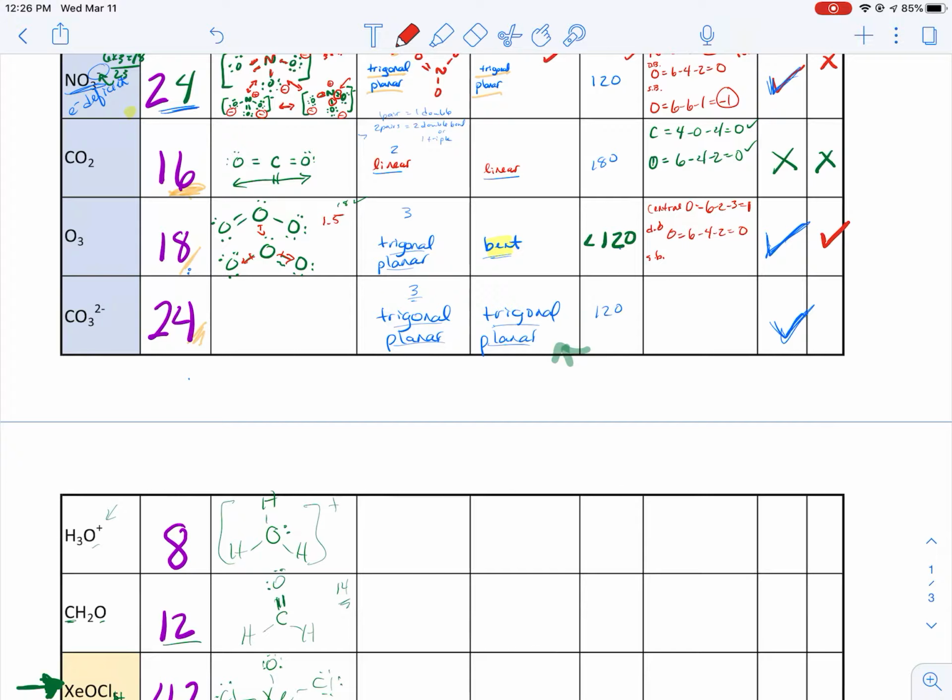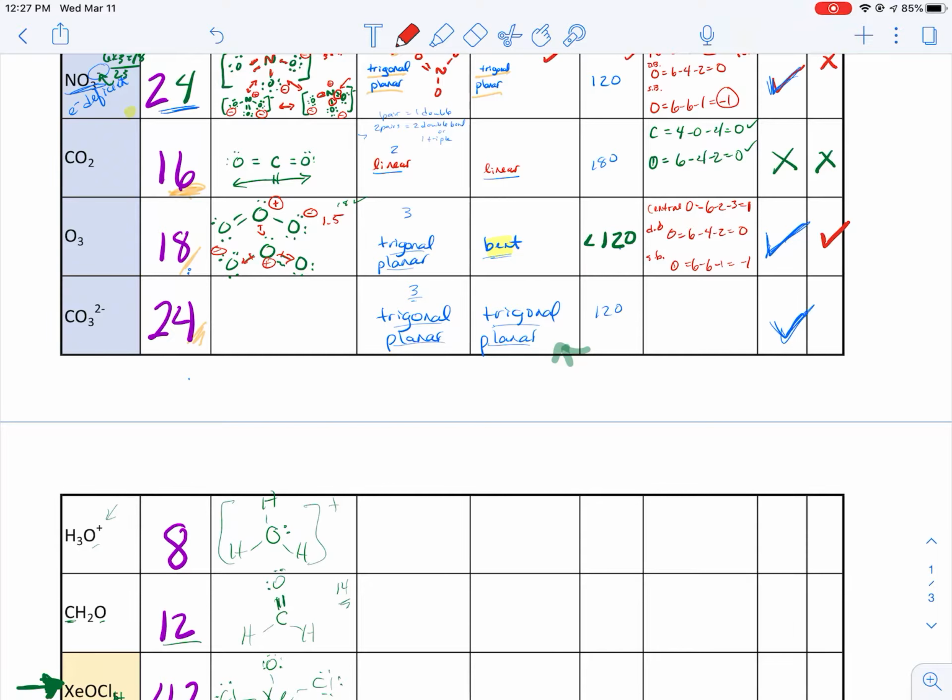And then our single bonded oxygen: 6 minus 6 lone pair electrons minus 1 bond is -1. So the central one is positive, and this one right here is the -1.